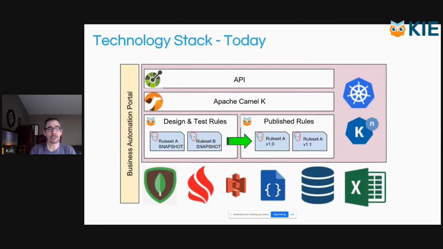Now, when we first started building out our platform, we had some key goals that we wanted to hit. We wanted to run in Kubernetes. We wanted to take advantage of what was starting to become the popular serverless approach.